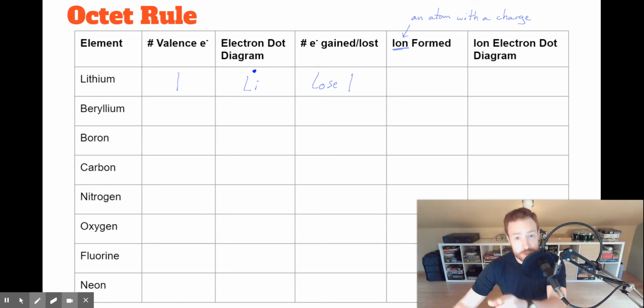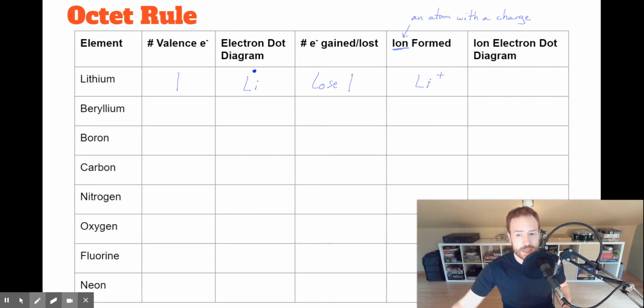But if it loses this electron, it's now going to form a positive one ion, because losing one electron means that you're losing a negative charge. And so the protons are going to outnumber the electrons by one, and you're going to have a positive one charge. So this is how ions are formed.